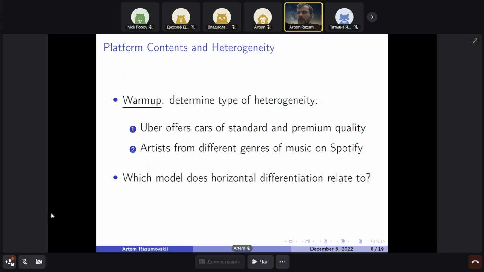Yes, thank you. The main question is, can you exactly say which product is better than the other one? With cars, we can always say that premium is better than standard. With different genres, you don't know. It's different for different agents.